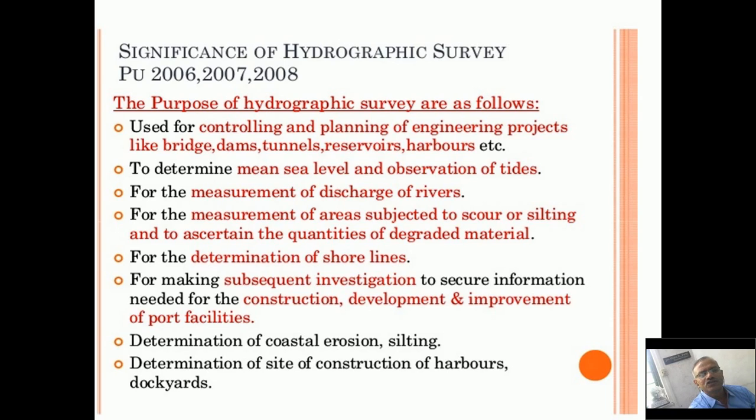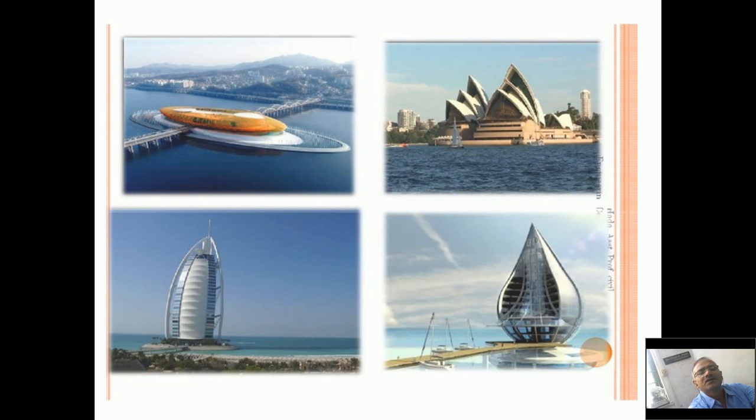For the determination of the coastal erosion and the silting, this survey is carried out, and for determination of site of the construction of the harbors and the dockyards. When you are going to construct any structure along the sea coast, then the hydrographic survey is one of the essential surveys.